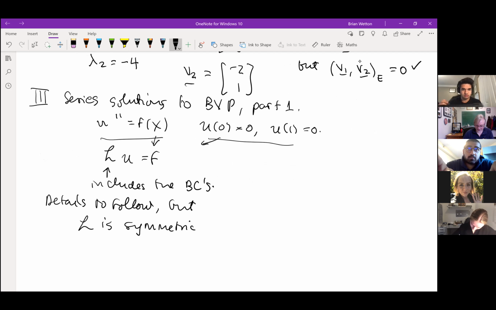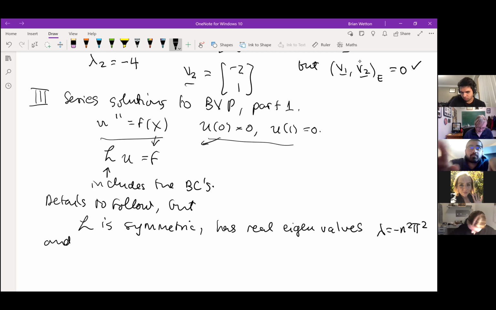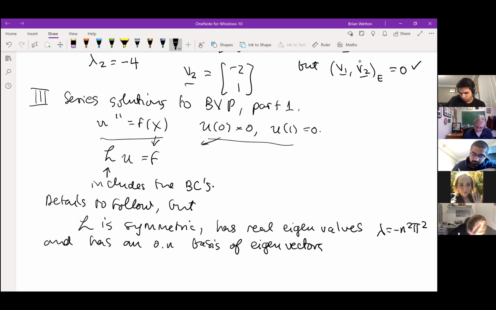Now you know if I'm going to tell you something is symmetric, I have to tell you about the inner product that it's symmetric in, right? Okay, so I'll get to that. It has real eigenvalues, and has an orthonormal basis of eigenvectors. Again, if I'm going to talk about orthogonality, I have to tell you the inner product.